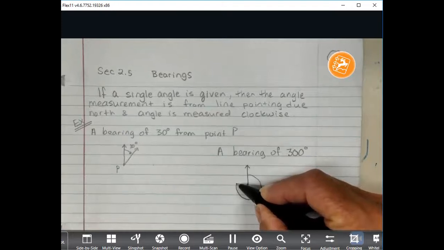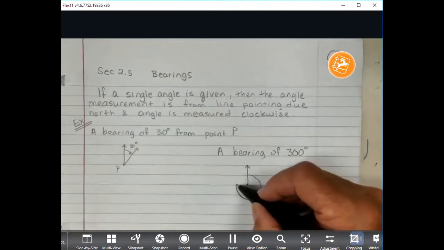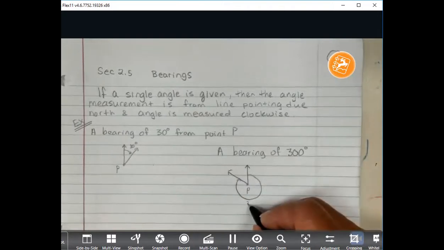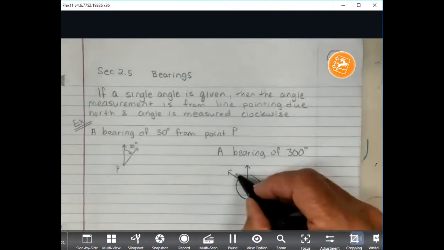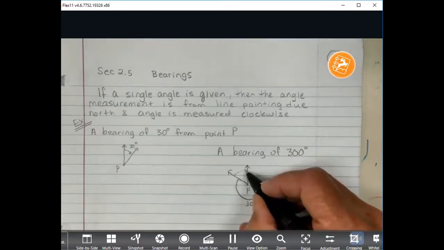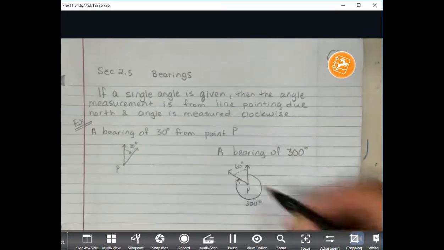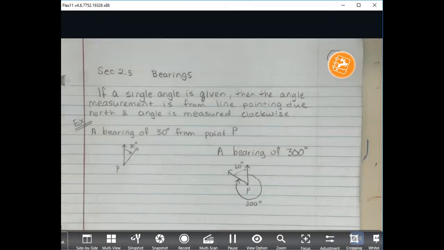All the way back is 360. So I'm 60 degrees short of being all the way back. So there's the bearing of 300 degrees, where this little measurement here then would be 60 degrees. Always measured clockwise.